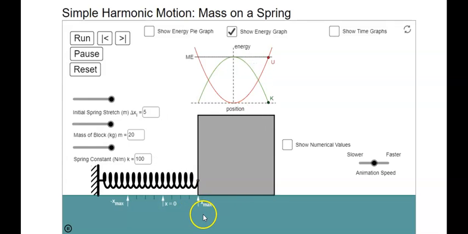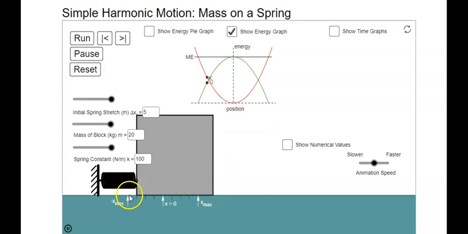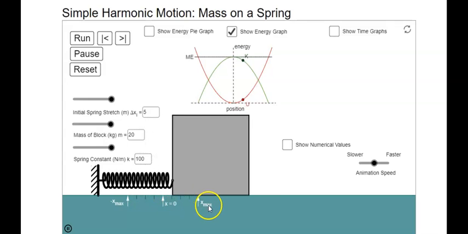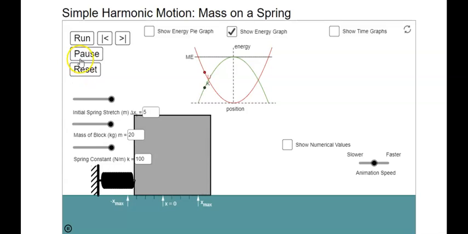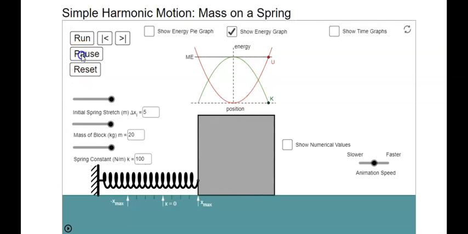So what we're going to do is focus on the line of the edge of this mass with its position for the x max, 0, and x minimum. Here's maximum.